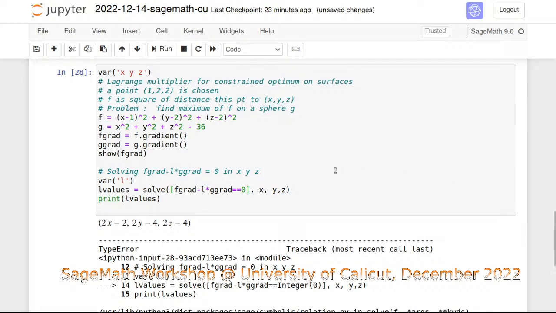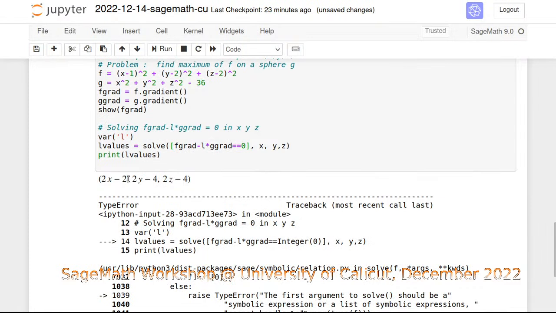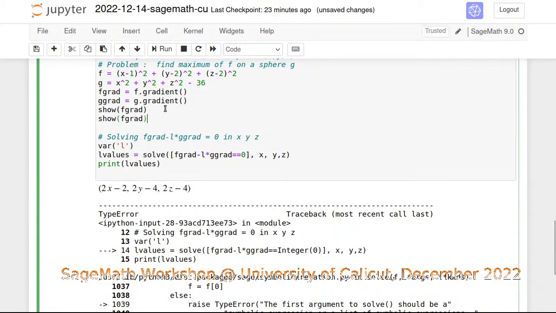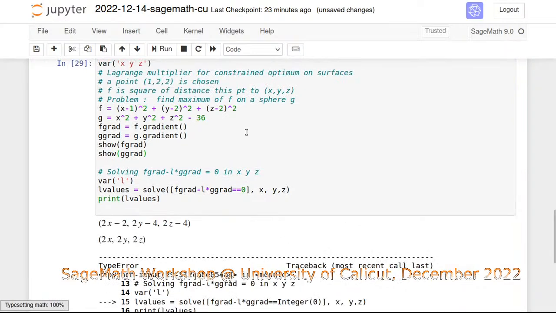Okay, there is one small problem. So we cannot directly solve this f gradient. What is f gradient? What we have seen here. So f gradient is nothing but the components 2x minus 2, 2y minus 4, and 2z minus 4, and g gradient is nothing but 2x, 2y, 2z.